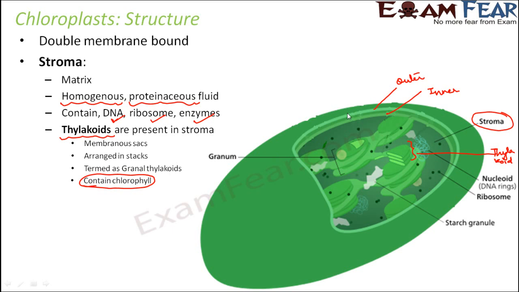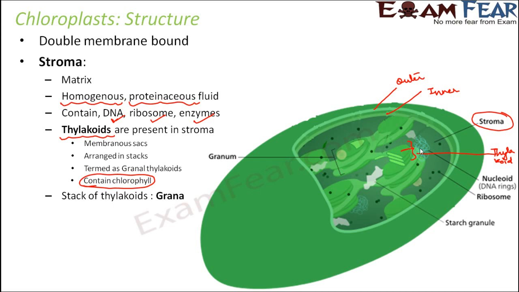Now there can be many thylakoids in a stack. Suppose somewhere around 20 to 50 thylakoids can be present in one stack. That means in one row, just 3 are visible now, but in reality almost 20 to 50 can be present in one stack, and they contain chlorophyll. Now, a stack of thylakoids is known as grana. So this entire stack is known as grana.